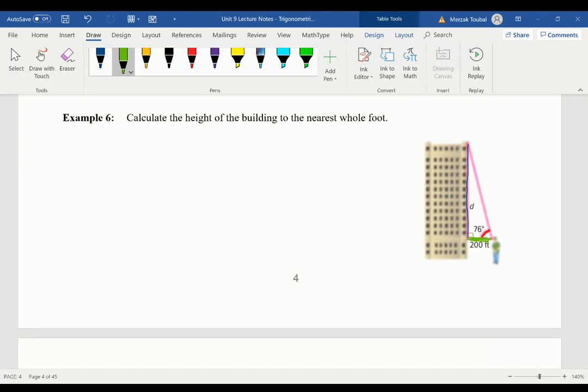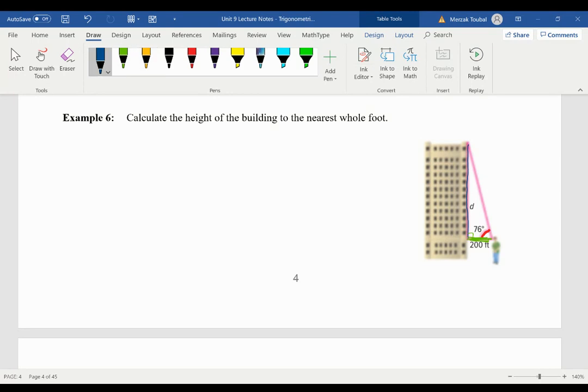So this is a right triangle, and we know the angle is 76 degrees. We know one of the sides of the triangle is 200 feet. So the only thing we don't know is the side opposite to 76.